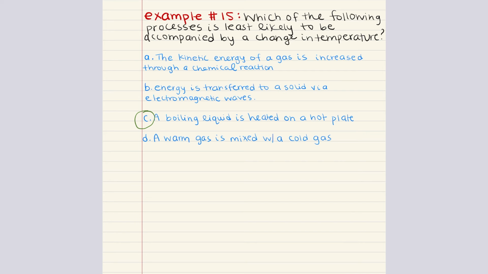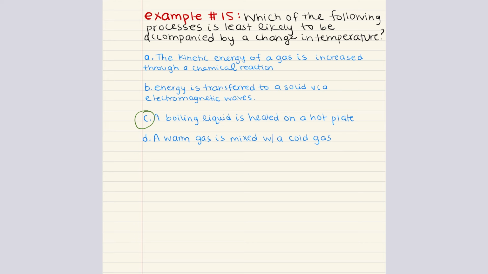But let's go over option D anyway. Option D says a warm gas is mixed with a cold gas. Now, when a warm gas is mixed with a cold gas, the kinetic energy of the gas molecules will redistribute, leading to thermal equilibrium. The final temperature of the mixed gas will be somewhere between the initial temperatures of the two gases.